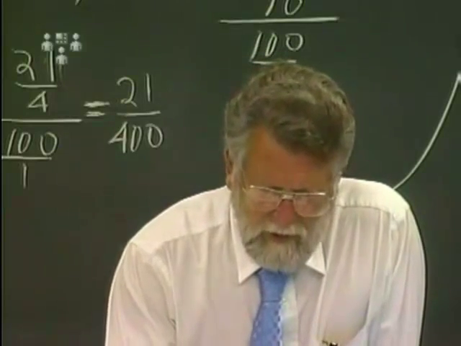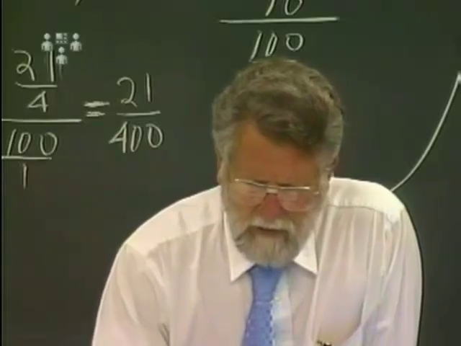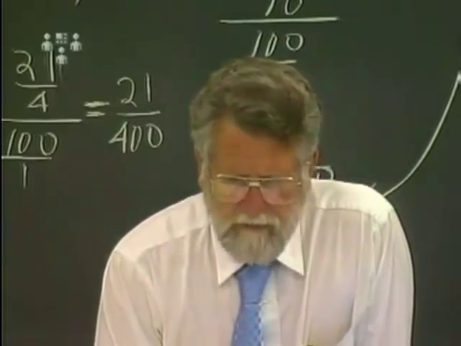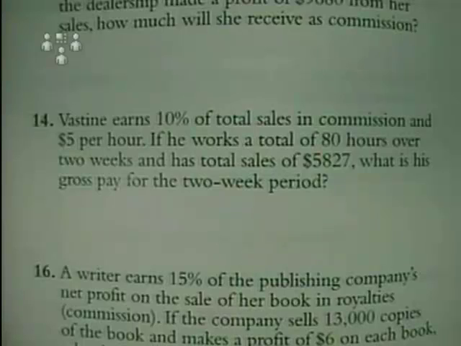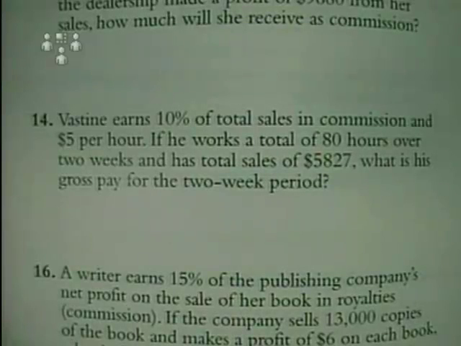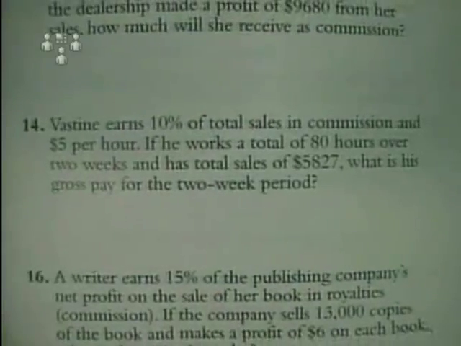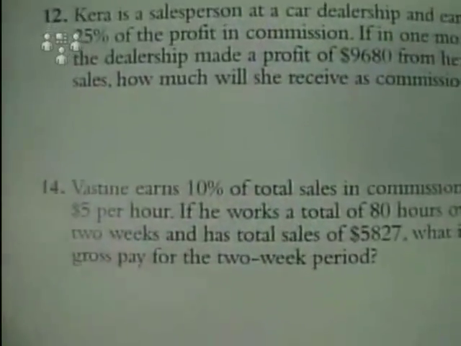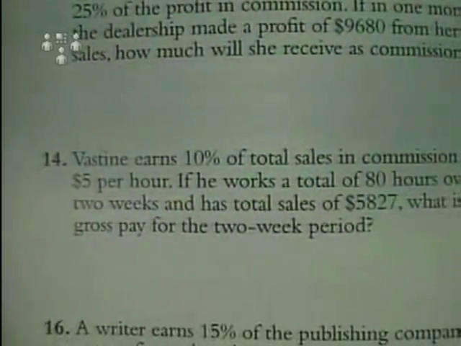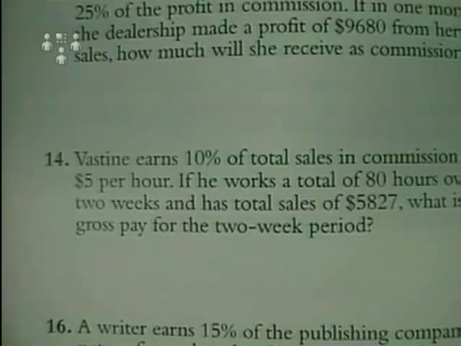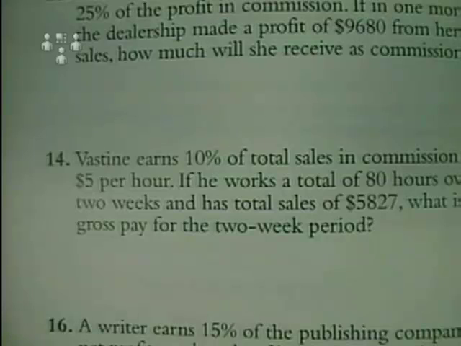Now, I had a request from Michael to look at 14. Okay, this is a problem where I said base salary plus commission. This is one heck of a low base salary. You're getting 10% on total sales plus $5 per hour. $5 per hour isn't even minimum wage.